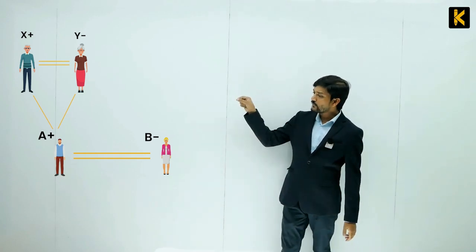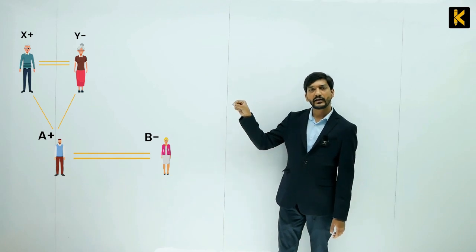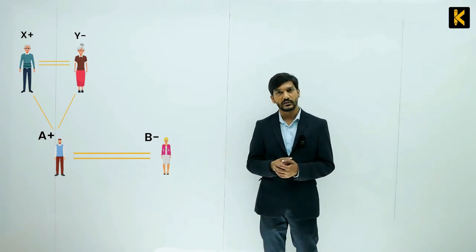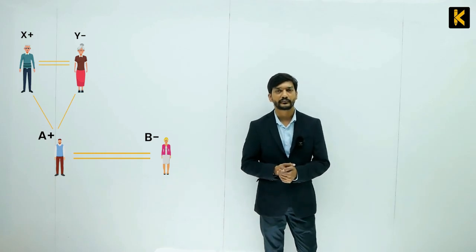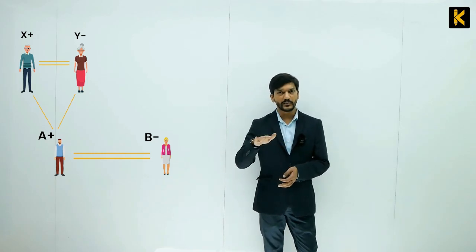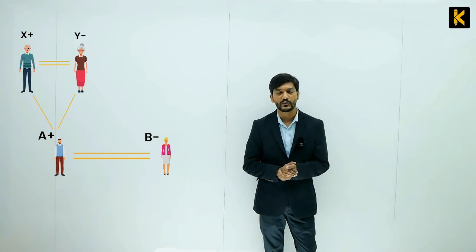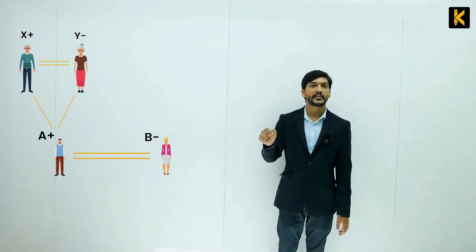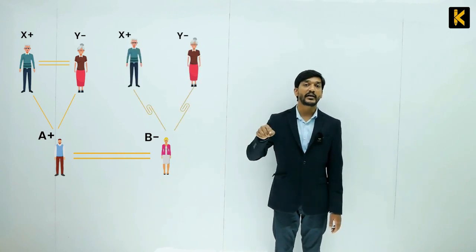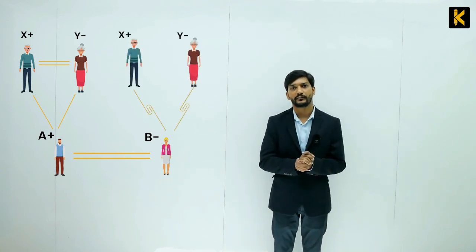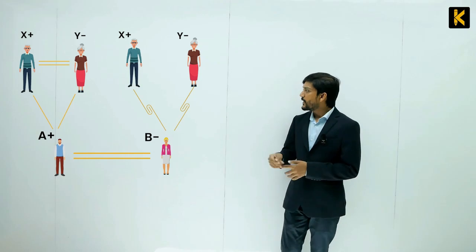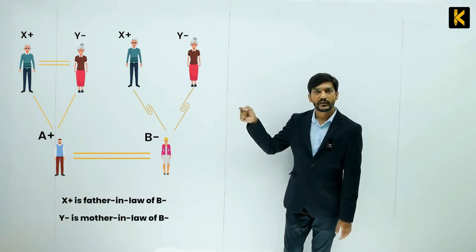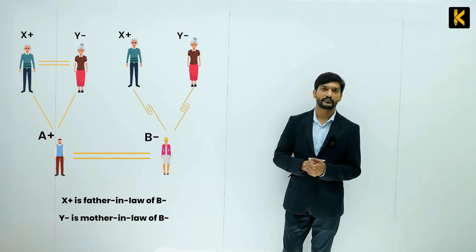So if X, Y are real parents of husband, that means they will be what to the wife? Just conclude something on a similar basis like the previous one. If X and Y are the real parents of husband, that means they will be parents-in-law for the wife. So that means X, Y will be mother-in-law, father-in-law for the wife.